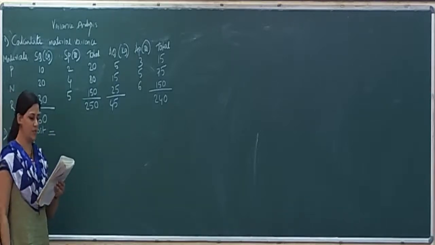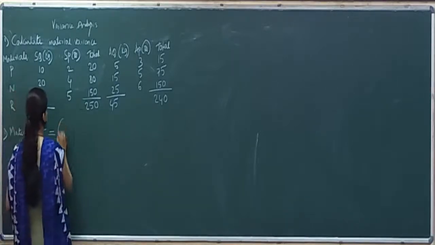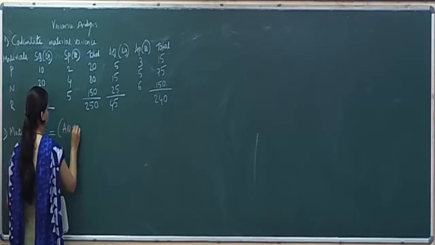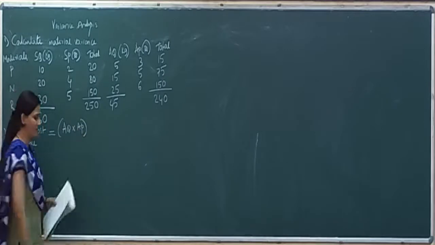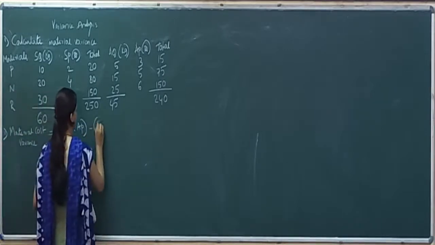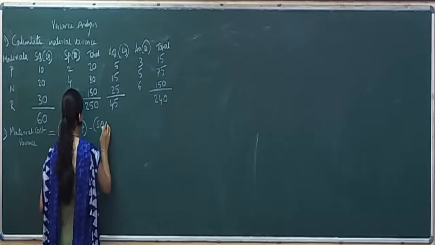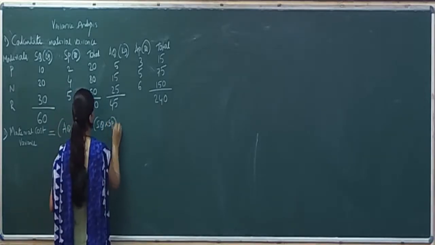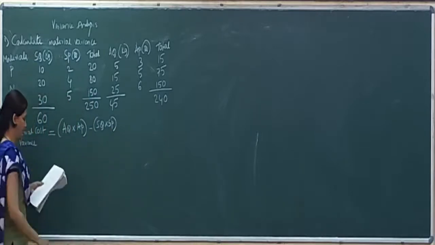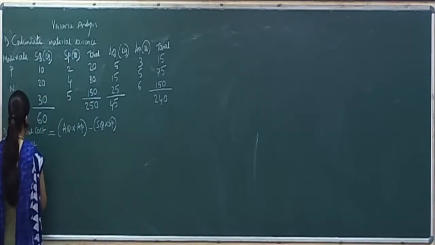Material cost variance is equal to actual quantity into actual price minus standard quantity into standard price.